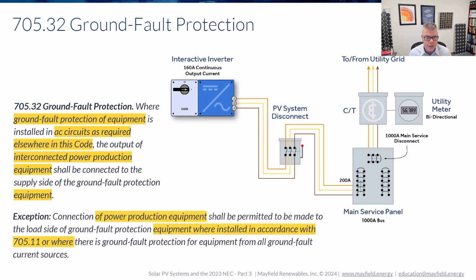Of course, there's the exception that if the manufacturer says it's okay, or the ground fault protection device will still operate properly even when there's a power source on the load side of it, then you can go ahead and put it on the load side, the 705.12 application.